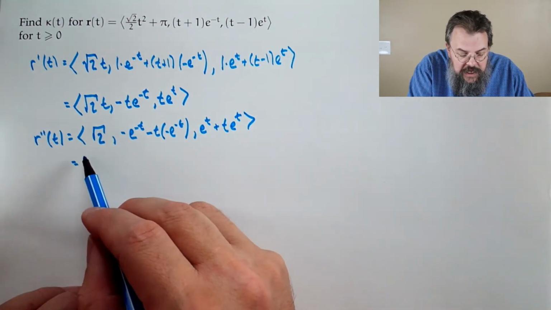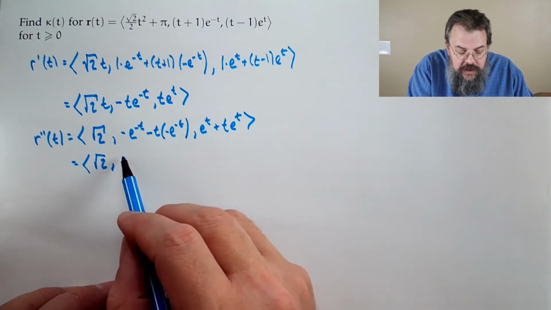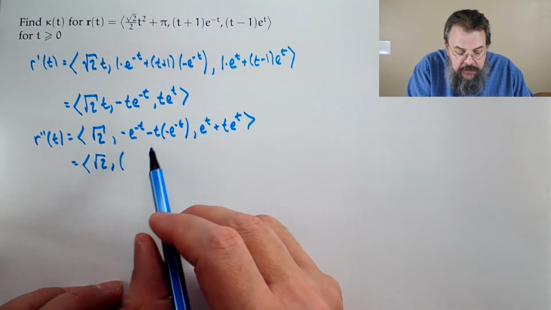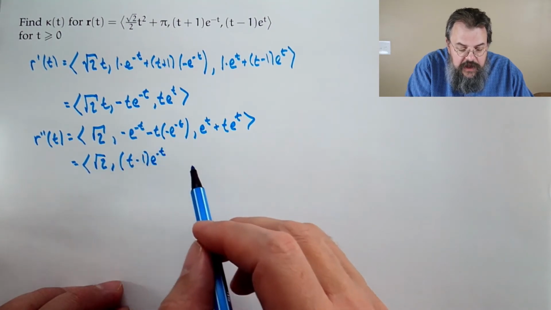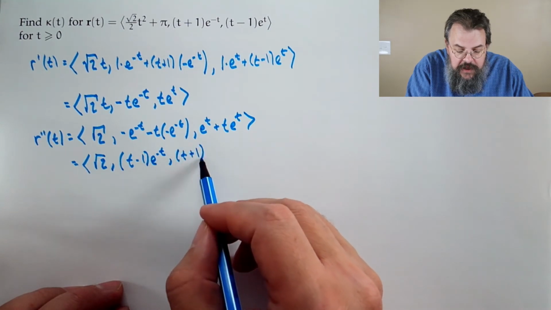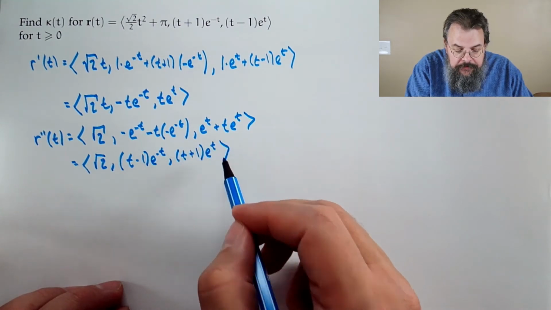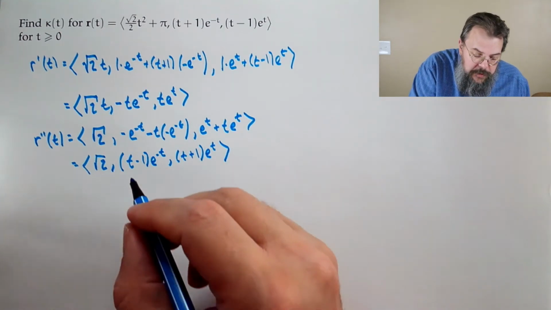We could even clean that up a little bit. That's square root of 2, and here we'll get (t minus 1) e to the minus t, and over here we'll get (t plus 1) e to the t. Okay, all right. Well, there we go.